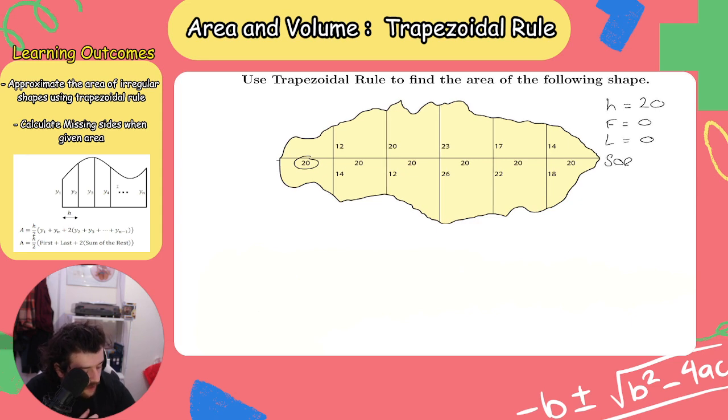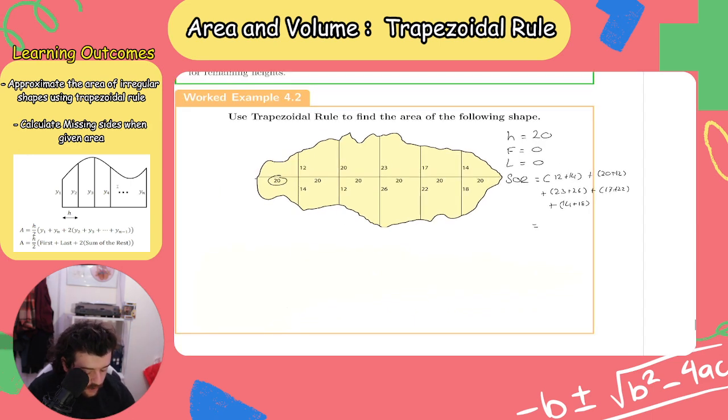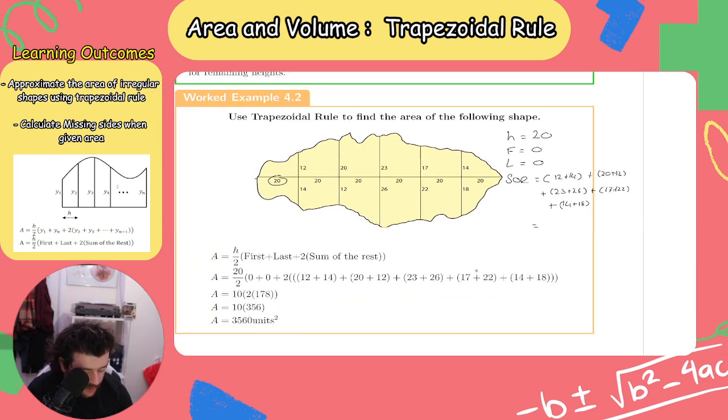And then the sum of my remaining heights, well, that's going to be 12 plus 14 plus 20 plus 12 plus 23 plus 26 plus 17 plus 22 plus 14 plus 18. You're going to add all of them up together, and you are going to get 178. That's the sum of my remaining.